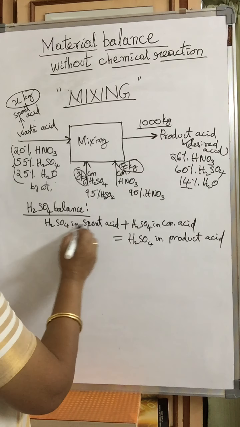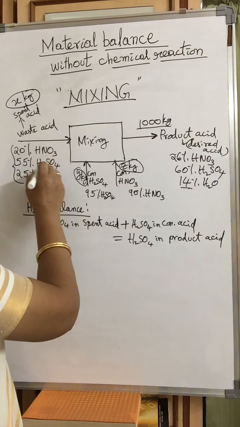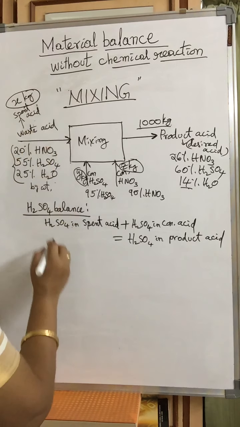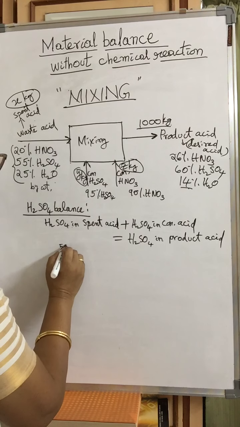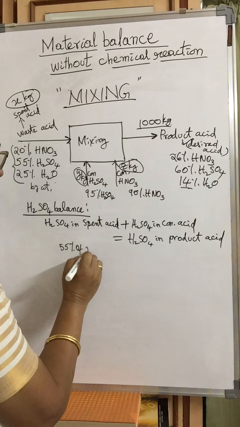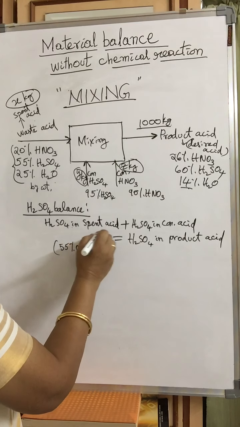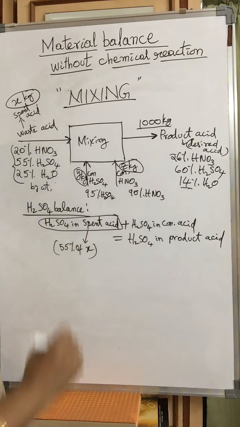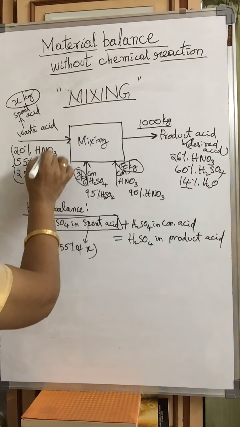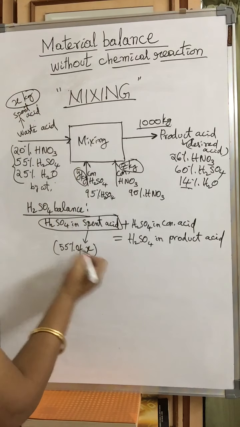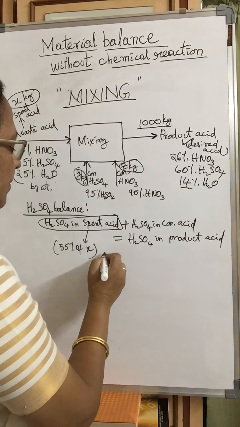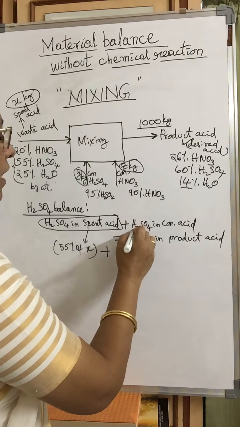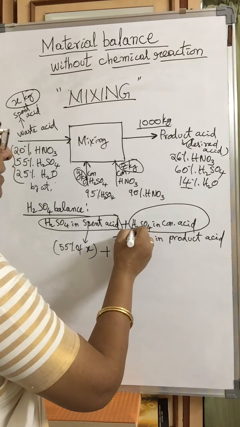So what is H2SO4 in spent acid? 55% of X is H2SO4 in spent acid, plus H2SO4 in concentrated acid.